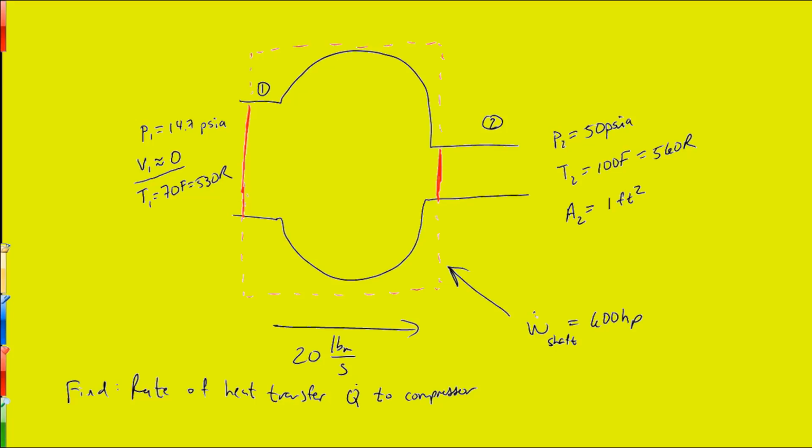And then of course there is shaft work being done and heat being input into the system, where again we're expecting Q dot to be negative, but by convention we draw a positive Q dot as going into the system.